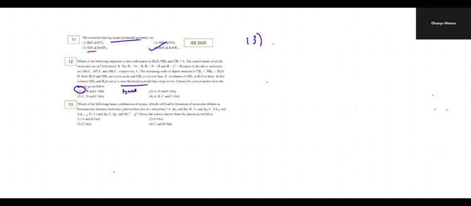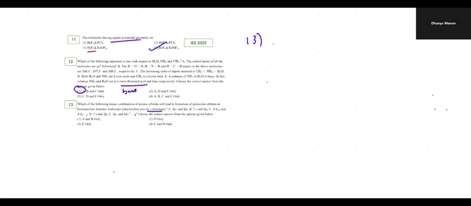Now, they have given the condition: internuclear axis is taken as the z-axis. Internuclear axis means the axis around which the overlap takes place. So which is that axis? That's the z-axis.